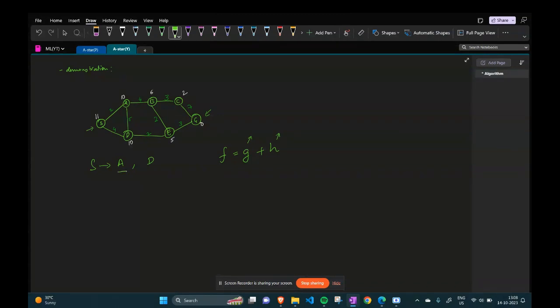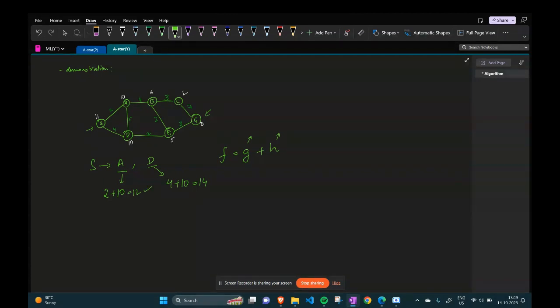So given A, our cost to go from S to A will be 2, and our heuristic is given as 10, which gives us a total value of 12. And similarly for D, we have 4 plus 10, which is 14. Now obviously we want to minimize our total f value, and so we pick 12 from this.